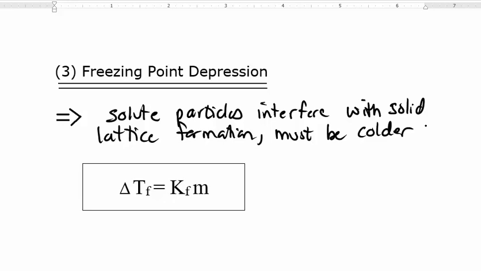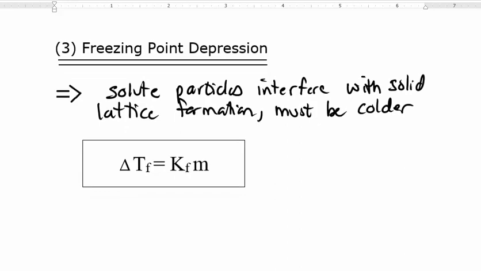The expression again looks very much like the boiling point elevation expression, except you have sub F for freezing instead of sub B. When you calculate freezing point depression, you will get a positive value, but you have to remember that you subtract it from the freezing point.